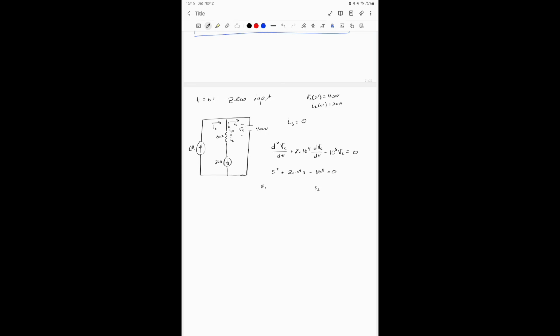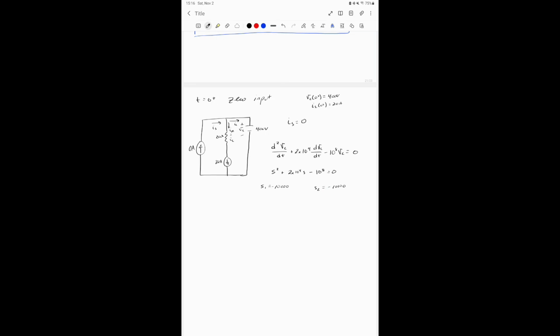I have a program in my calculator that just does the quadratic formula for me. So if I type in 2 times 10 to the 4th, and then 10 to the 8th, I get this one is equal to negative 10,000, and this one is equal to negative 10,000.